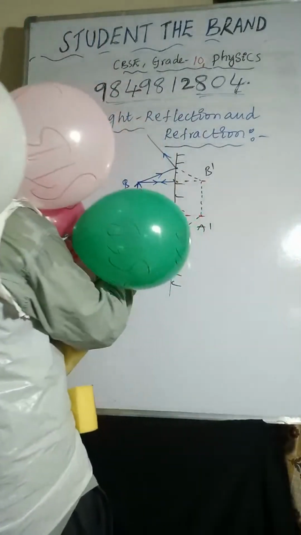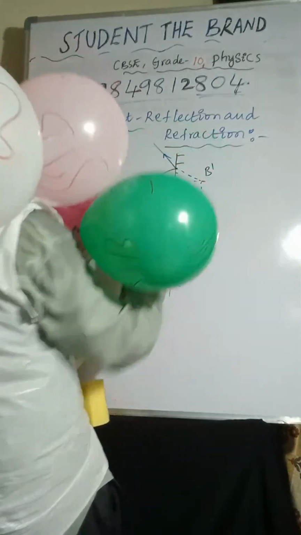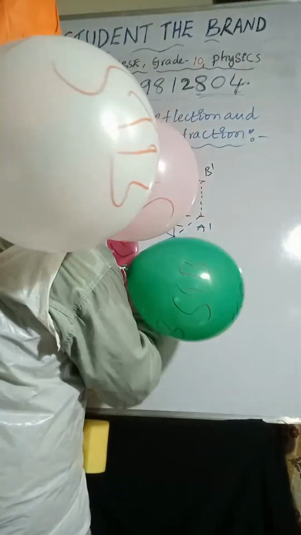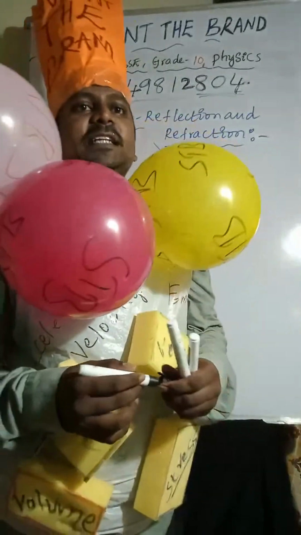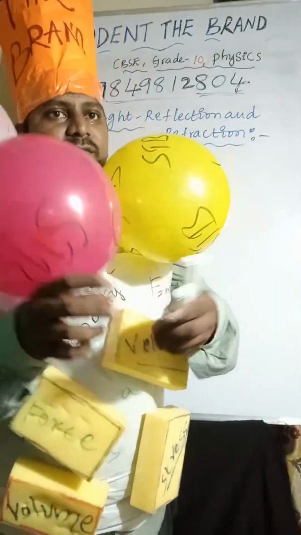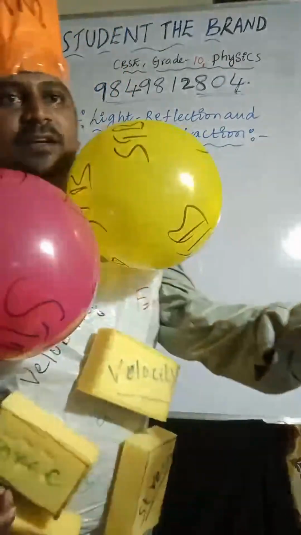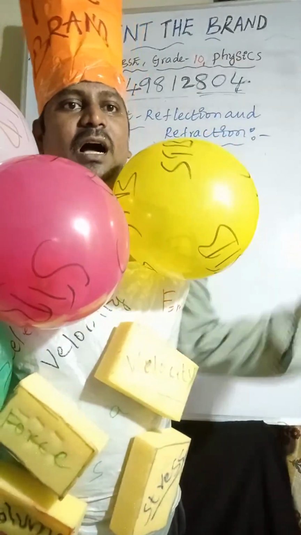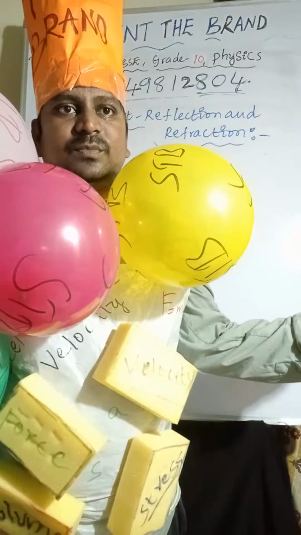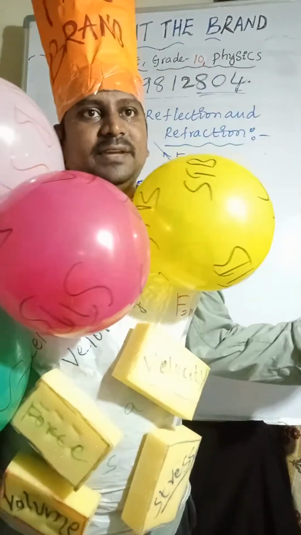Here you can observe the object is real, the image is virtual. The object is virtual, the image is real. So previously we discussed the object is real, image is virtual; object is virtual, image is real. Okay, vice versa we are discussing.